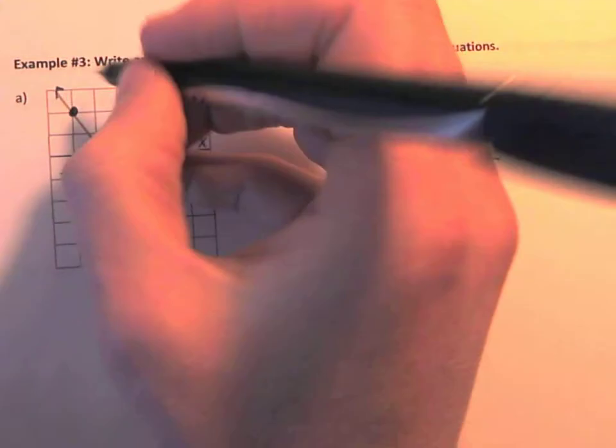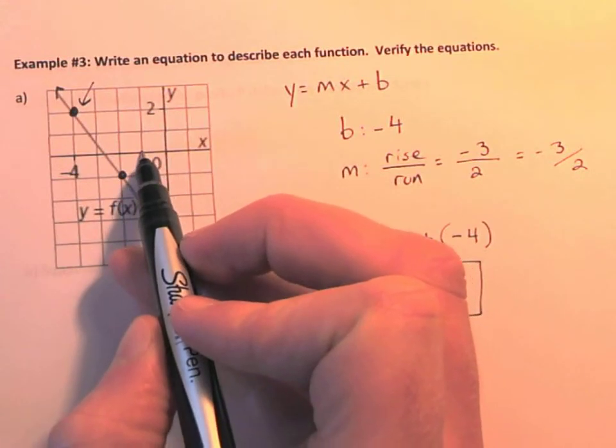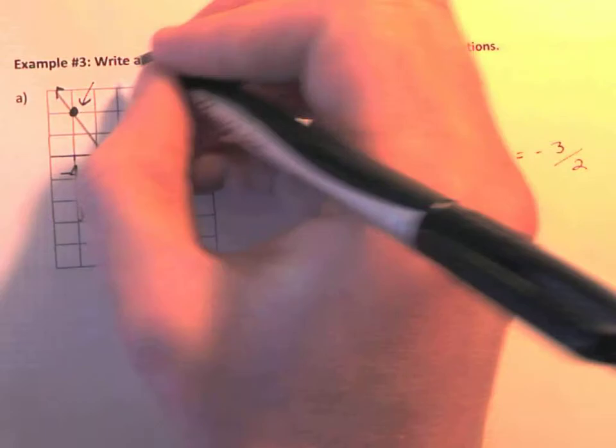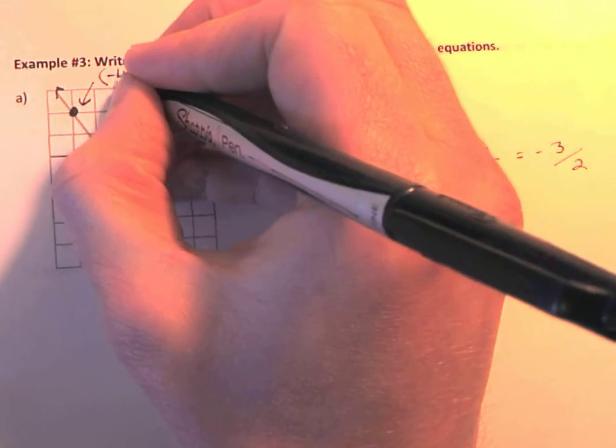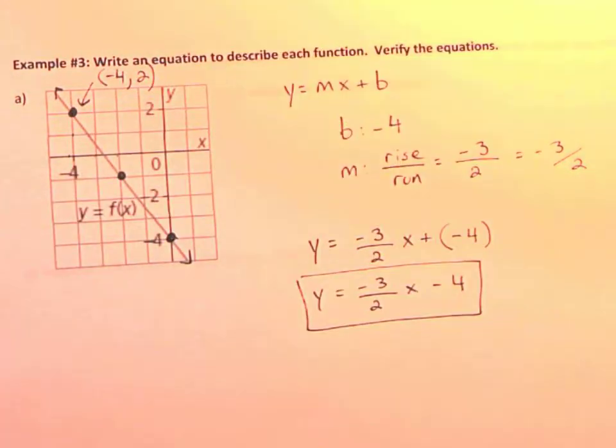This point here I know is 1, 2, 3, 4, so -4, 1, 2. That is the coordinate point of that point: -4, 2.